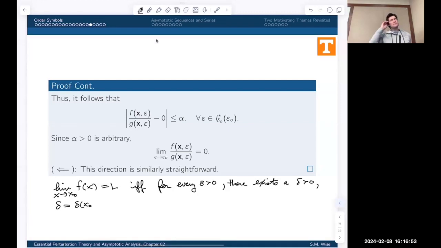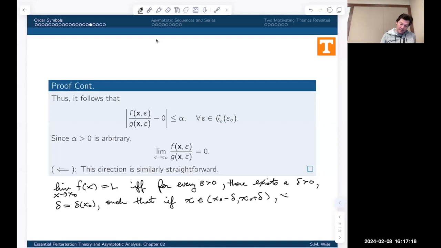Such that if x is any point in the interval x naught minus delta, x naught plus delta, but not equal to x naught itself, then the absolute value of f of x minus L is less than or equal to, or you can replace it with less than, epsilon.